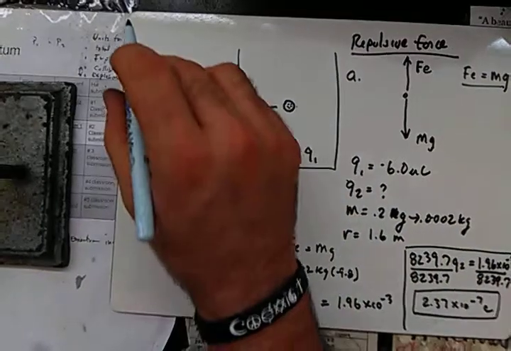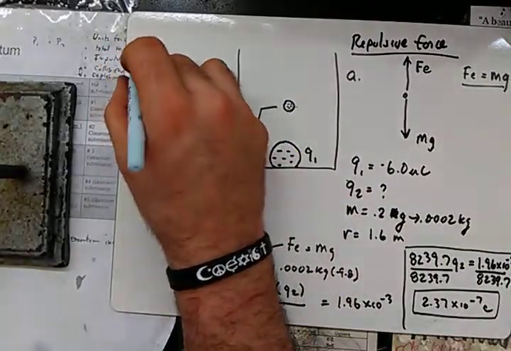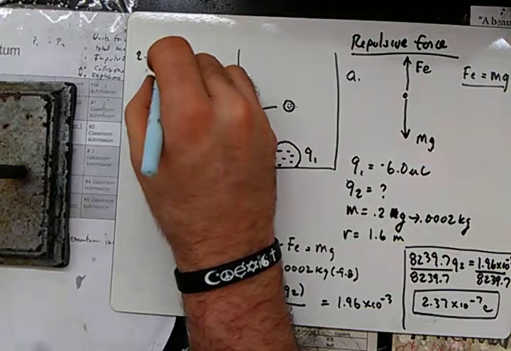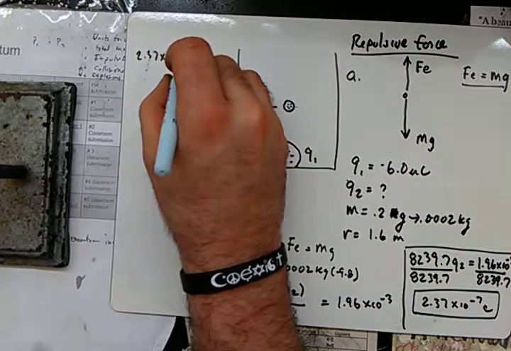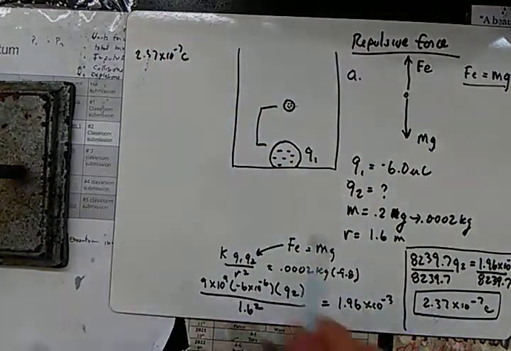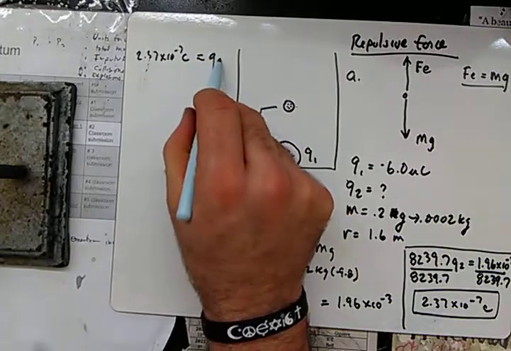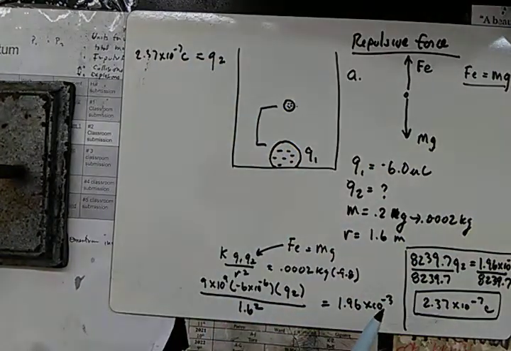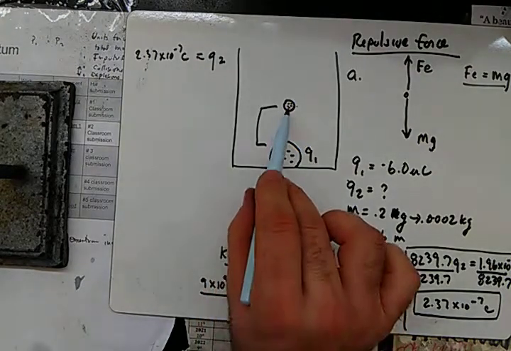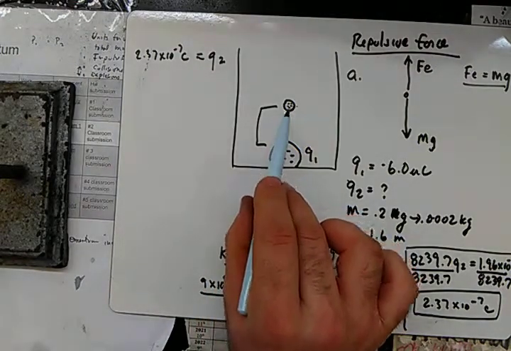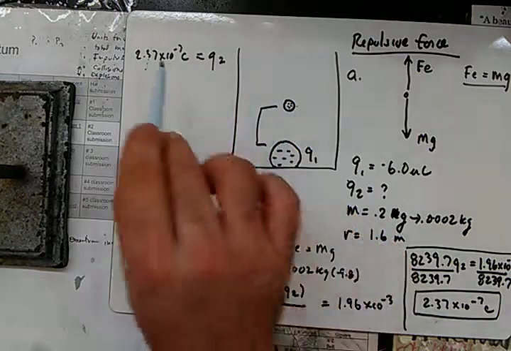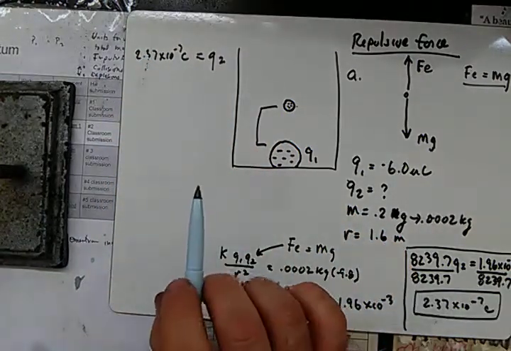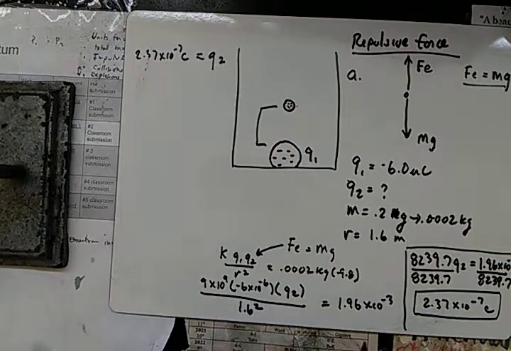So if I look over here, 2.37 times 10 to the negative 7th coulombs is the charge on that. So my question to you would be, how many extra electrons are sitting on the surface? It's pretty cool to know that you can get the number of electrons on that surface.